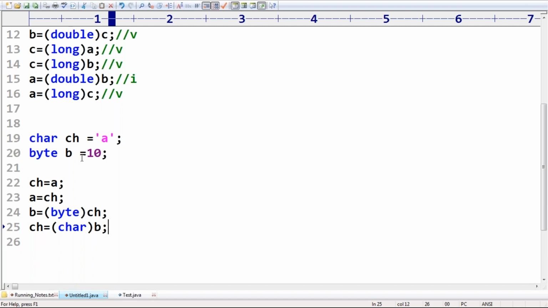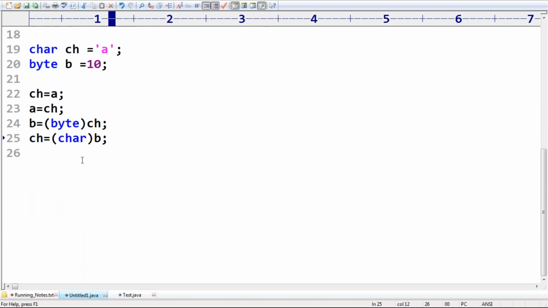Can you please tell among these which are valid, which are invalid? Because there may be a chance to ask this type of thing.